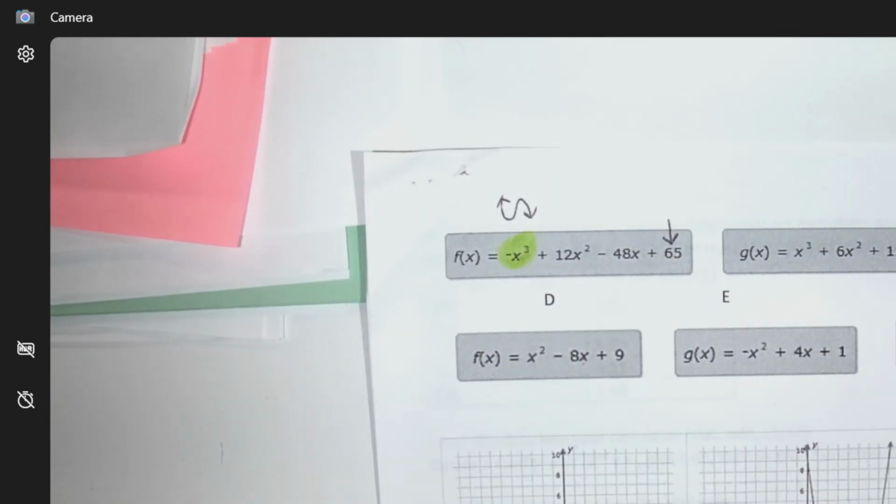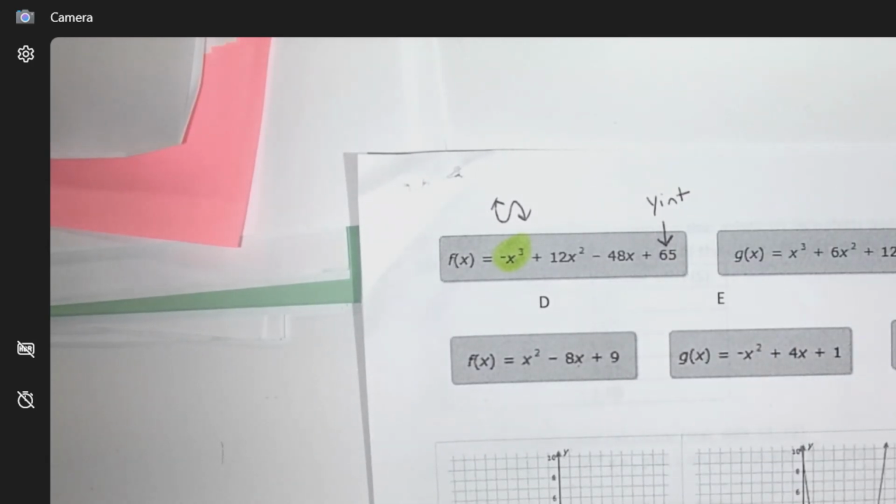This number here at the end is the constant. Does anybody know what the constant would be on a graph? The constant would be if there's no x's. So if there was no x, where would you be on a graph?